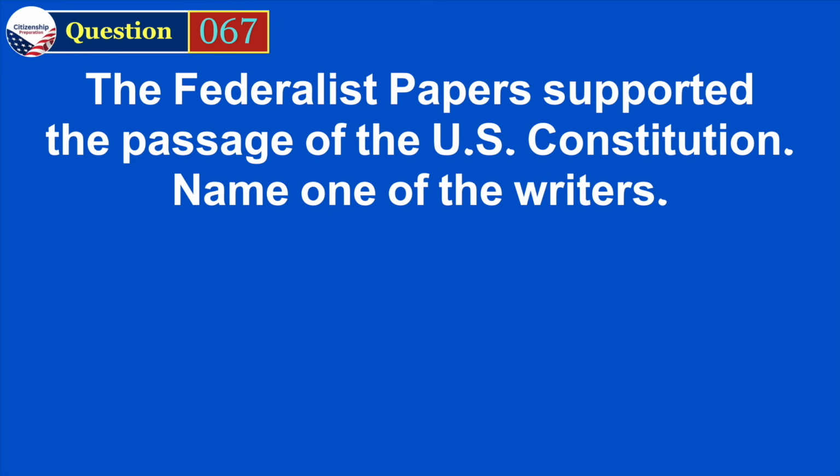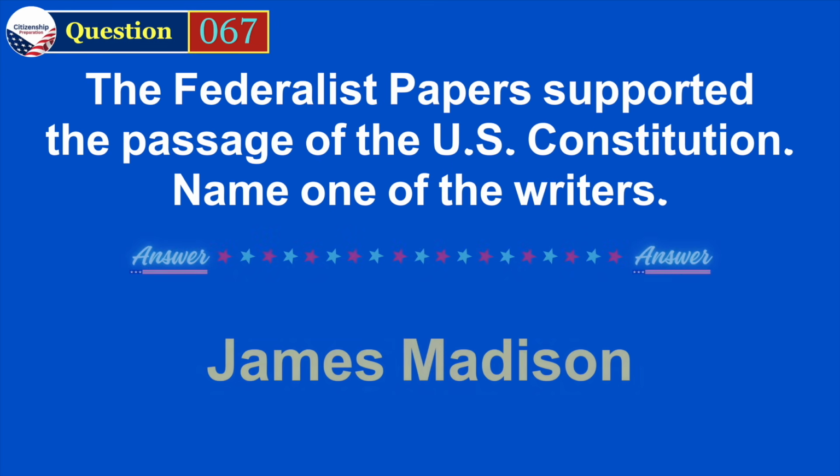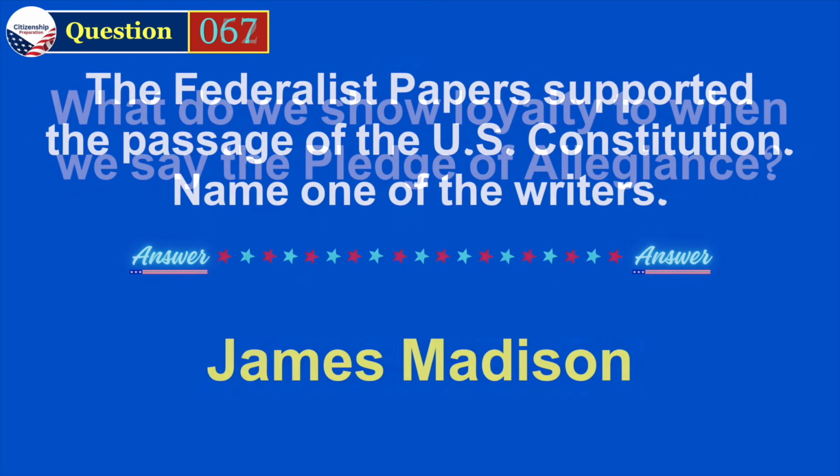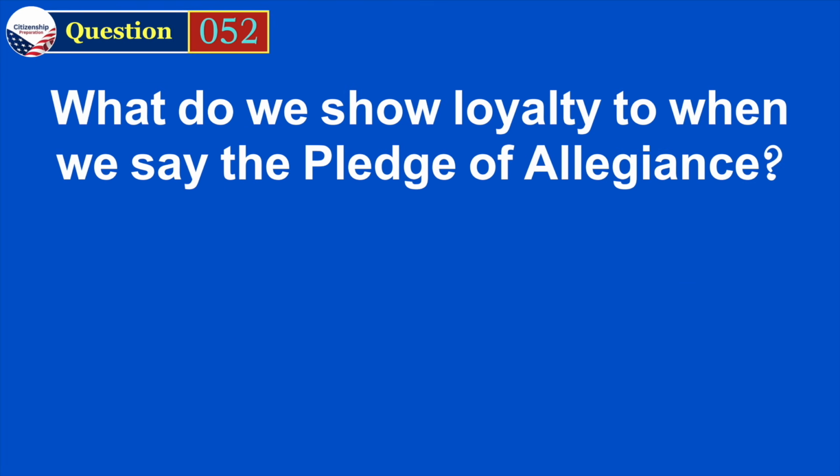The Federalist Papers supported the passage of the U.S. Constitution. Name one of the writers. James Madison. What do we show loyalty to when we say the Pledge of Allegiance?